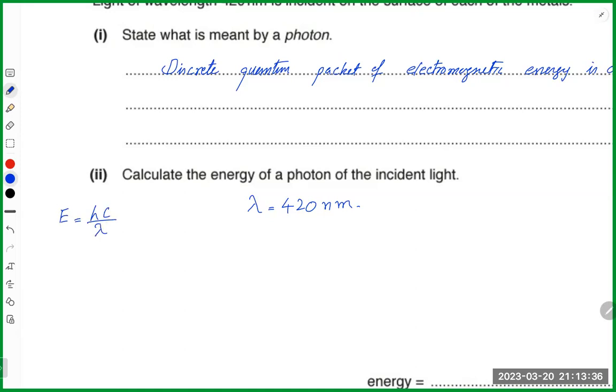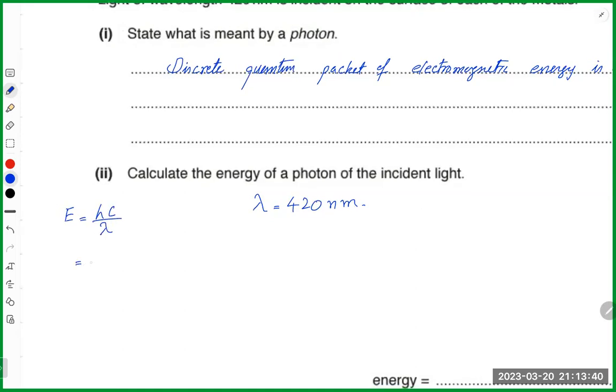Good. So it will be Planck constant 6.63 into 10 to the power minus 34 into 3.0 into 10 to the power 8 divided by 420 into 10 to the power minus 9, or 4.2 into 10 to the power minus 7.